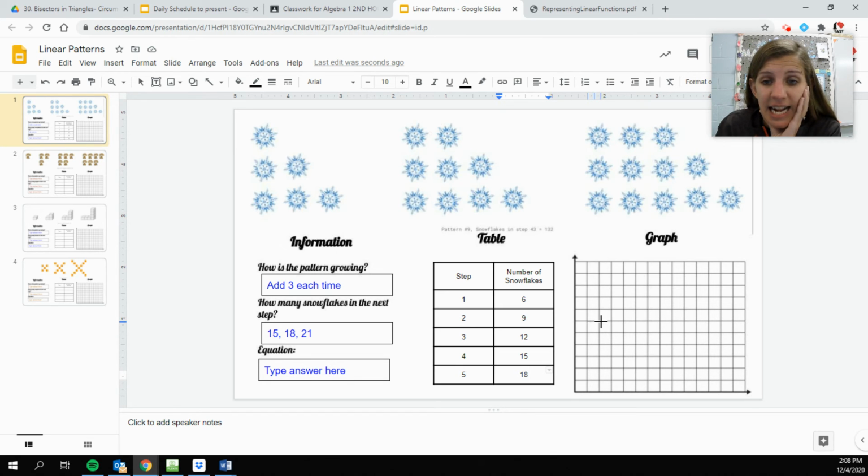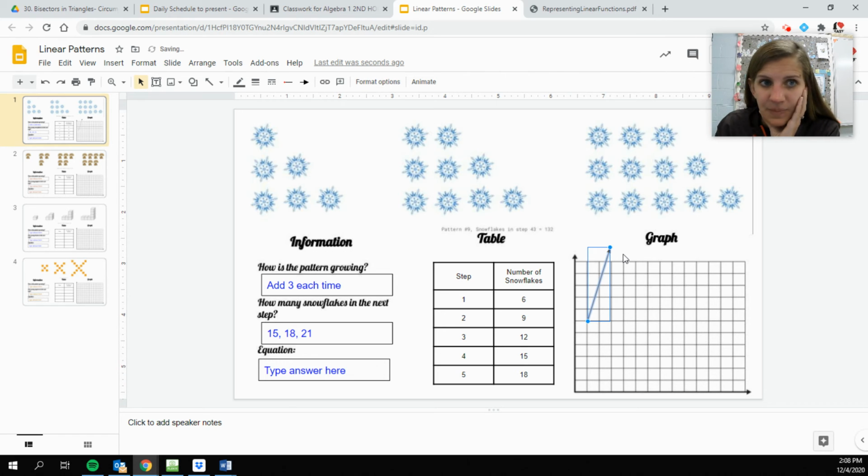So I'm already at a height of 6. So I'm going to go 7, 8, 9. And I don't know if I'm going to be able to get to the next one, but I'd be over at 3 and then up to 12. So I think that's going to be kind of off the grid here. But I can see that it is a line. We can change the color and make that cute if we want. Like maybe I'll make it blue like the snowflakes. So cute. Look at that.